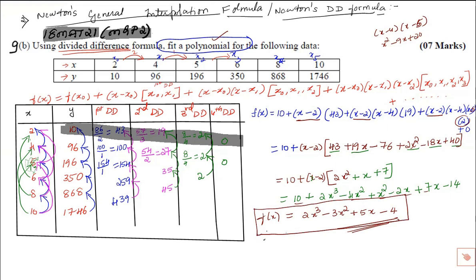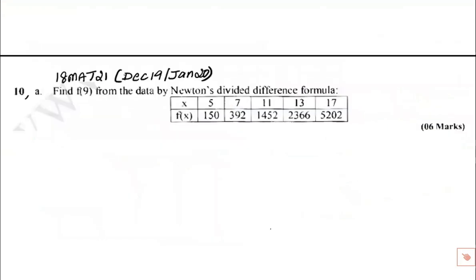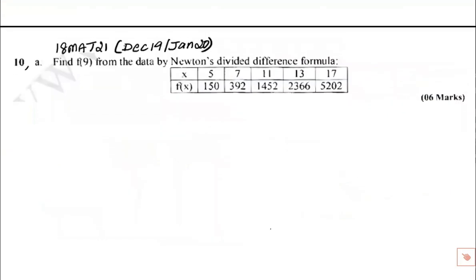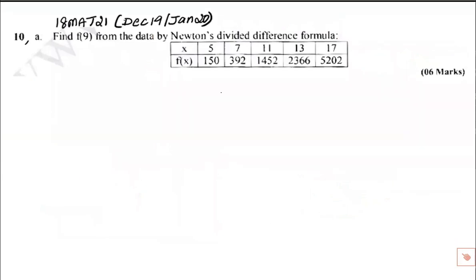Let's move to the next question, again from a model question paper, 18 Mat 21 question paper, December 19, January 20. Here they ask to find f of 9 from the given data by using Newton's divided difference formula. X values and y values are given. So first I will draw a table.